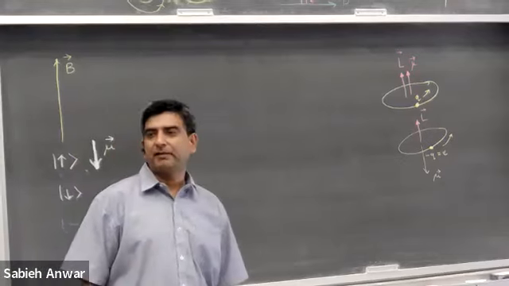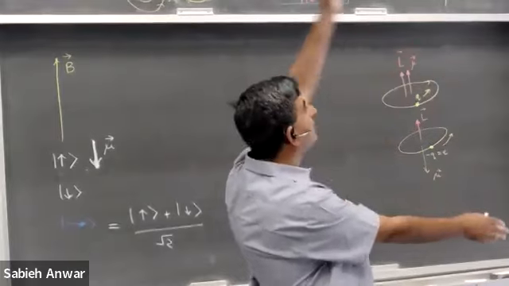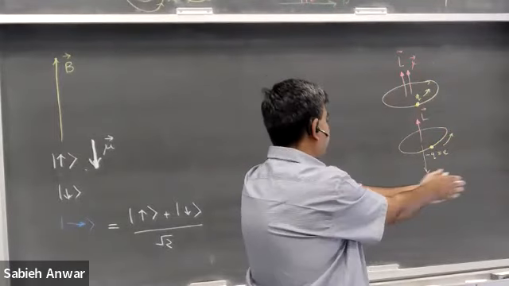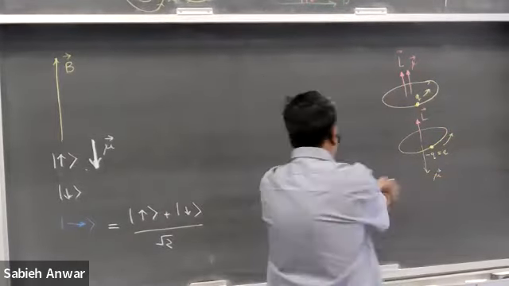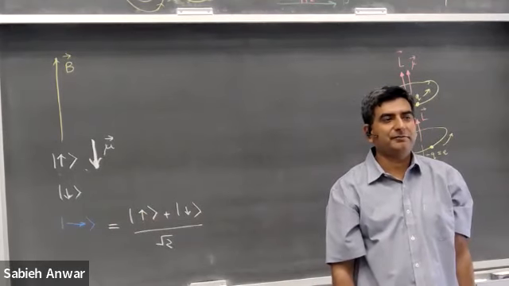The spin is pointing in this direction, the field is upward, and the spin is going to precess at a certain frequency because the torque is going to act on it.